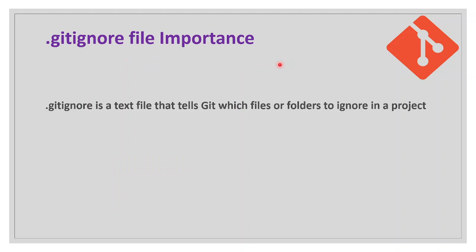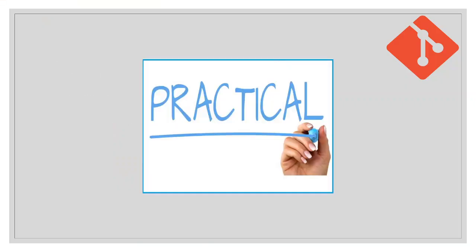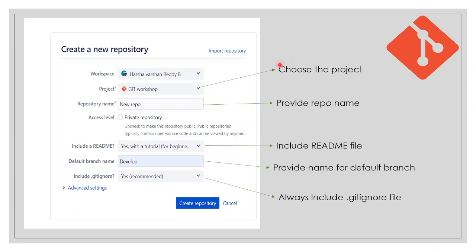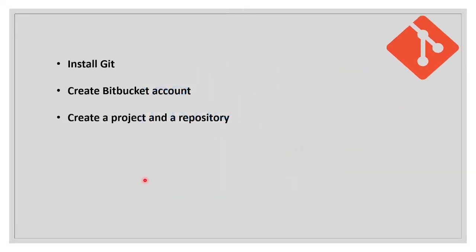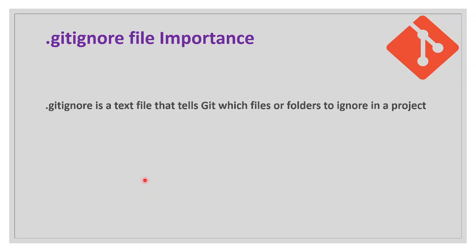And the Git ignore file. Why do we need this Git ignore file? This is also a recommended file to be available in the repository. The reason is this: we always want to push all the source code, right? If you are moving the changes to your remote repository, we need to push only our source code.